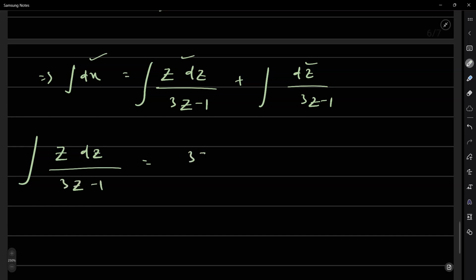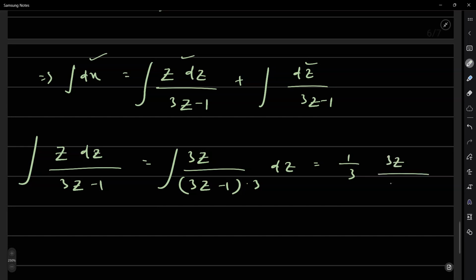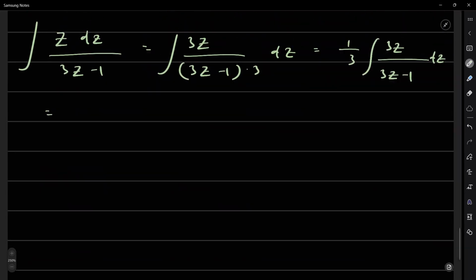So let's multiply 3 on the numerator and the denominator. Now let's add 1 and subtract 1.